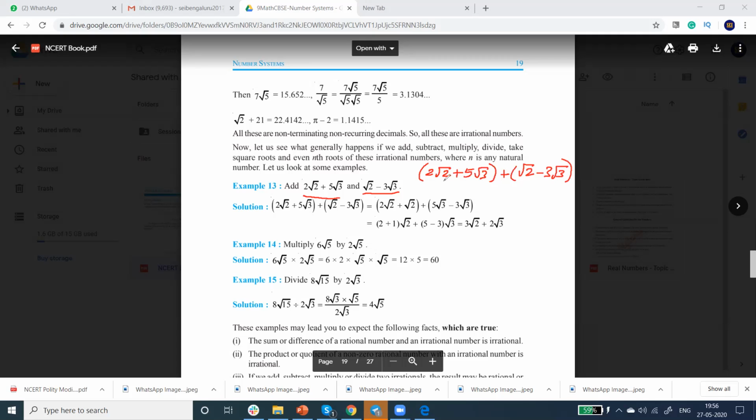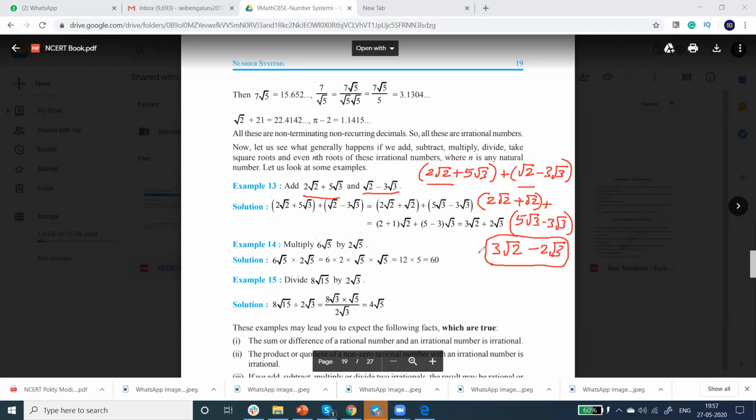Now, which ones look similar? The root 2 terms are similar. Add them: 2 root 2 plus root 2, and 5 root 3 plus of minus 3 root 3. 2 root 2 plus root 2 is 3 root 2. 5 root 3 minus 3 root 3 is 2 root 3. So finally 3 root 2 plus 2 root 3 is the answer.